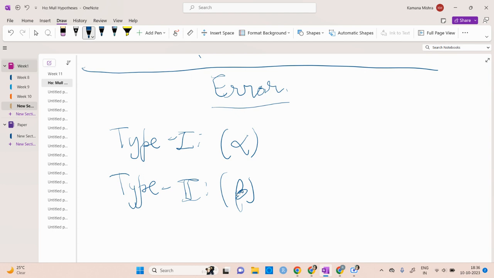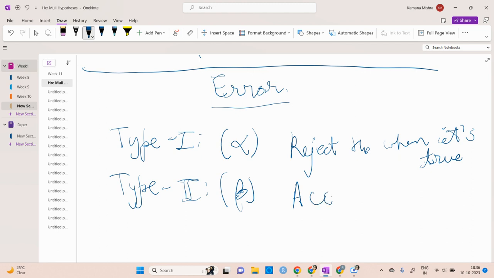So alpha is the error which happens when we reject H naught when it is true. And this one is when we accept the H naught when it is false.